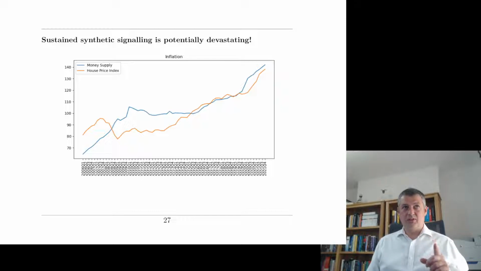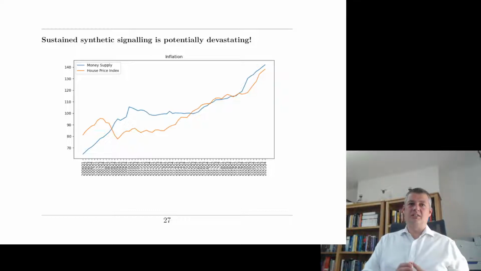The graph on the screen here shows the average house price index for the UK with a base 100 in 2015, and it shows the money supply index also with a base 100 for 2015.